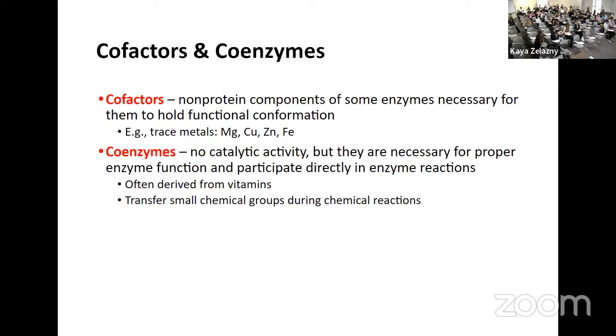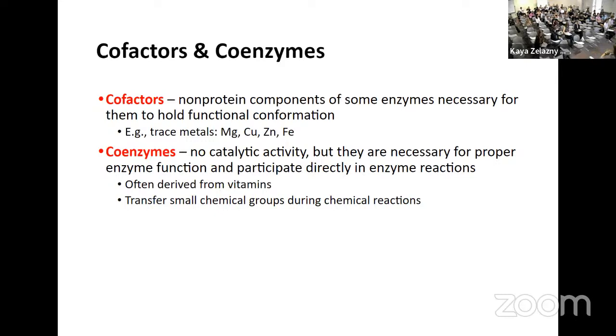So we can change the function of enzymes and help them along, often using cofactors and coenzymes. A cofactor is a part of an enzyme that's made of something other than a protein. Usually this is some kind of trace chemical that's necessary for that enzyme to work.